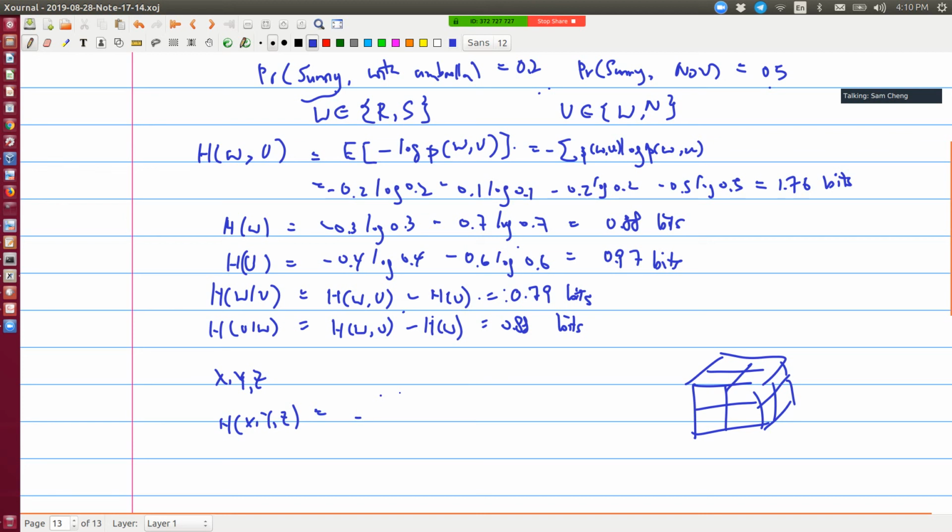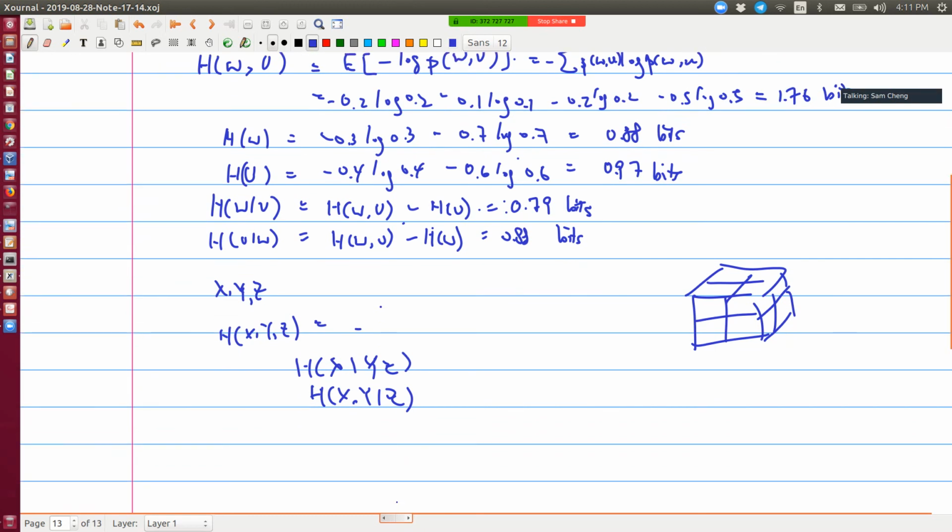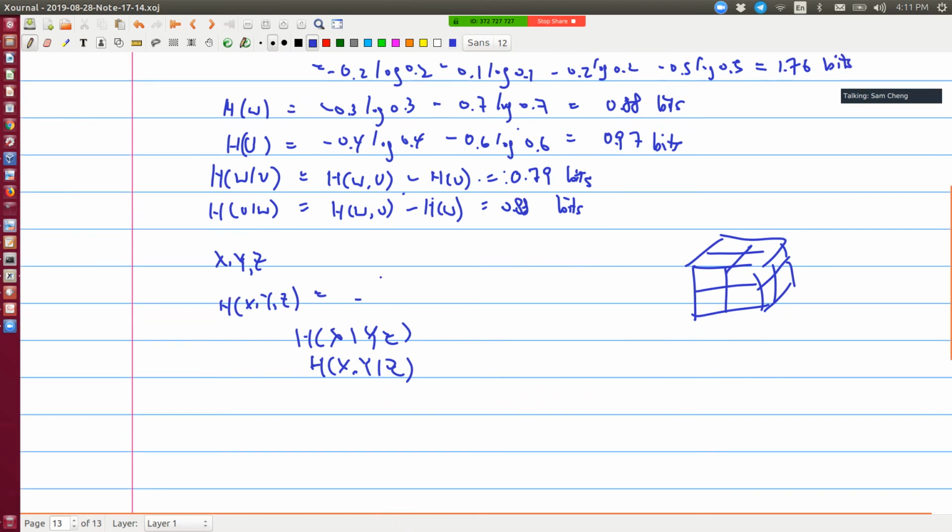And of course, if it gets messy, then you can compute individual H(W), H(U), and so on, and you can look at, maybe, X given Y, or XY given Z, and so on. Yeah, that's actually a good question. Let's look at this one. What is H(X,Y given Z) here?